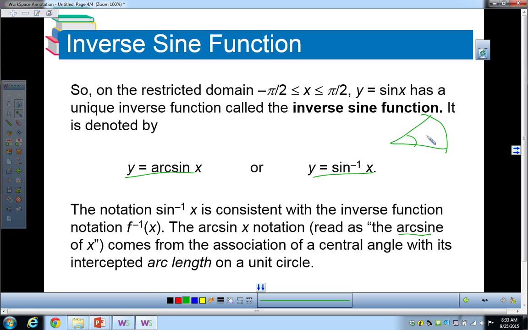So that's why it's called arc sine, because you're finding an angle whose arc is given by some trig function. It comes from the association of the central angle with it. You don't have to know that, but it comes from the idea that you're looking for an angle that's determined by this arc over here. So arc sine or inverse sine. Easy enough?